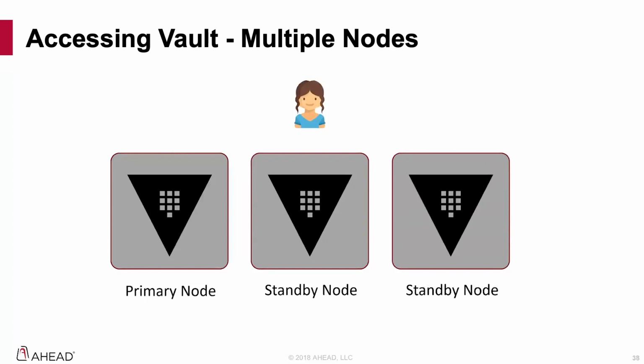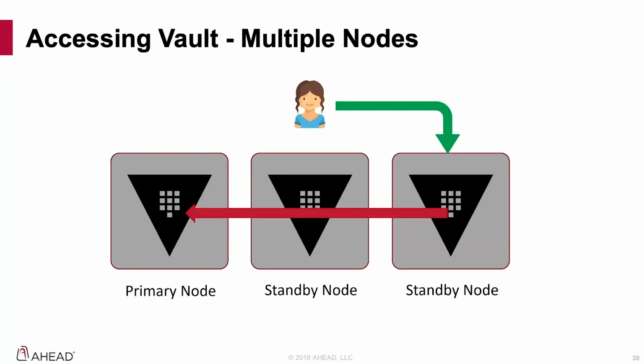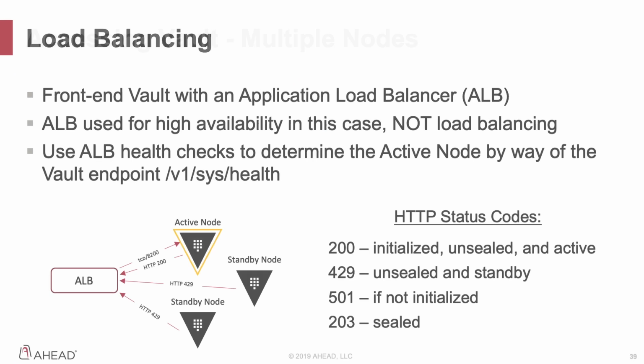If by chance you're behind a load balancer and you get sent to a standby node, that standby node is aware who the primary node is and will route that traffic to the primary node, get a response, and send it back to the user. So there's no necessarily problem with hitting a standby node. It's just not ideal.